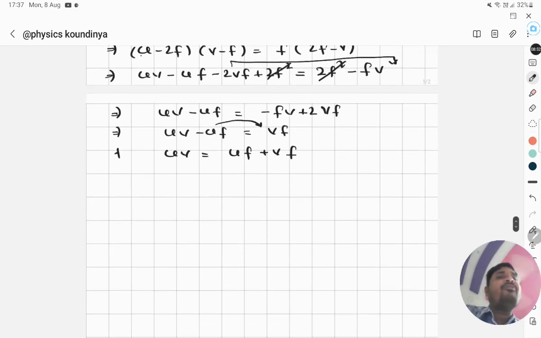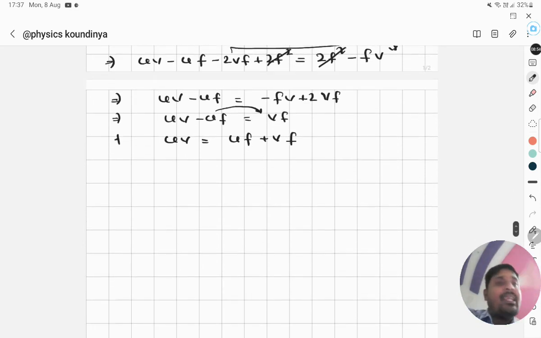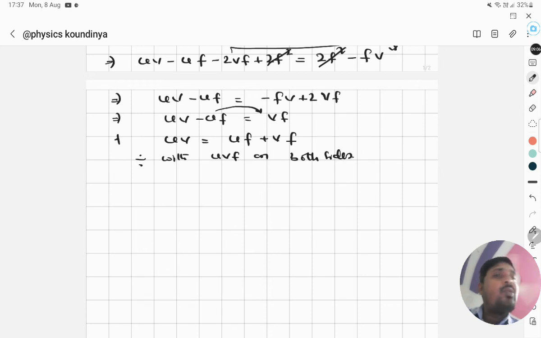So to obtain the formula, we are going to divide the entire equation by UVF on both sides. UV by UVF equals UF by UVF plus VF by UVF.